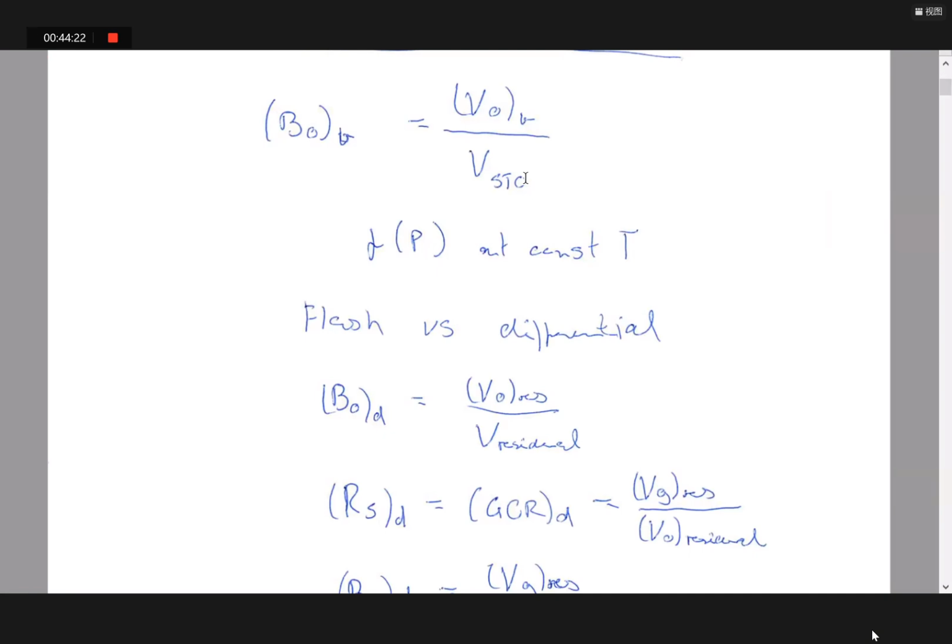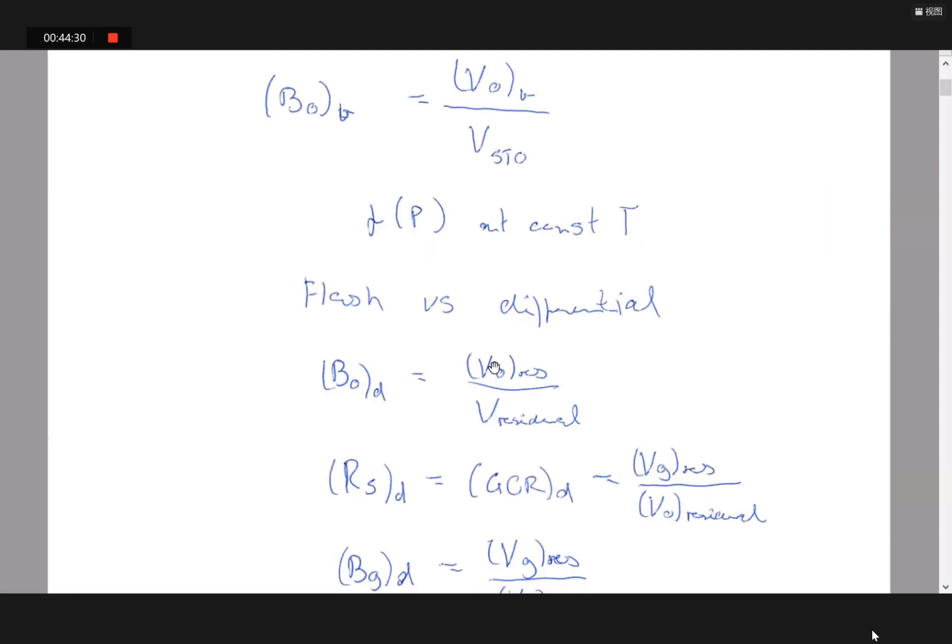And that tells us how much the fluid expands. Okay, so there is a difference if you're doing a Bo factor differential. So we are going stepwise down in pressure or maybe changes in temperature. So that's a differential process compared to if you're doing a flash.